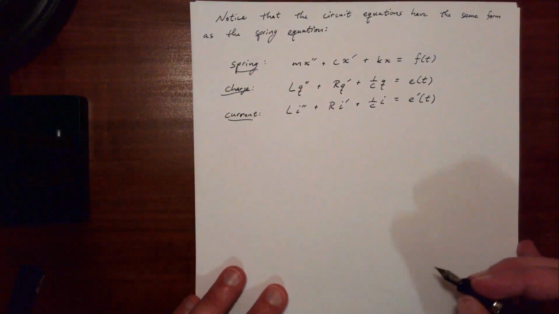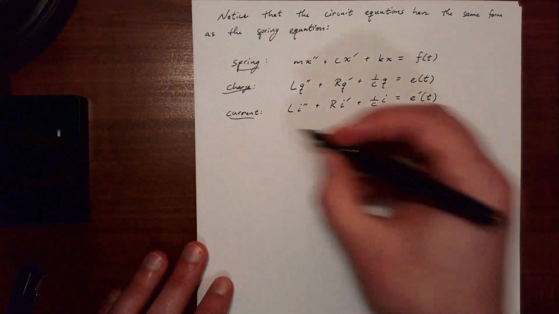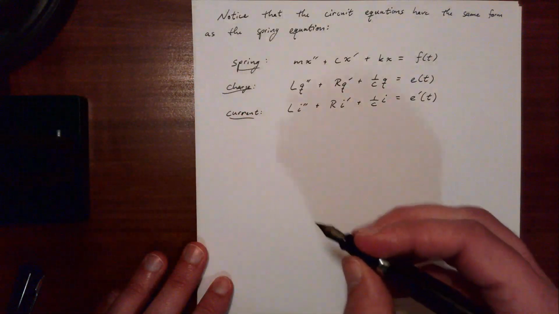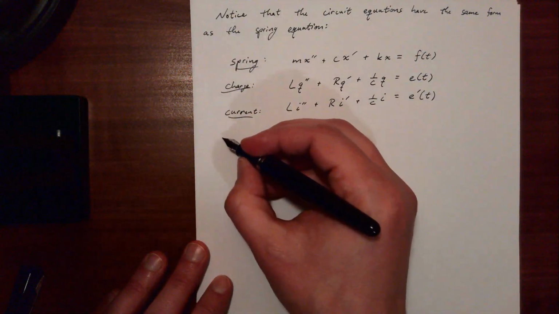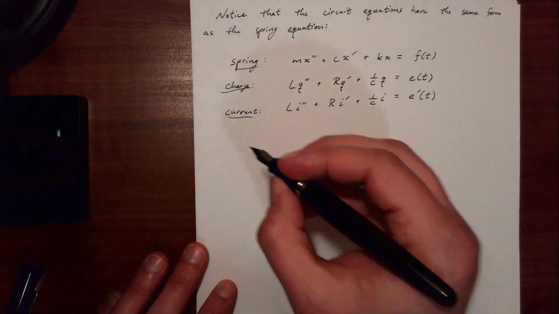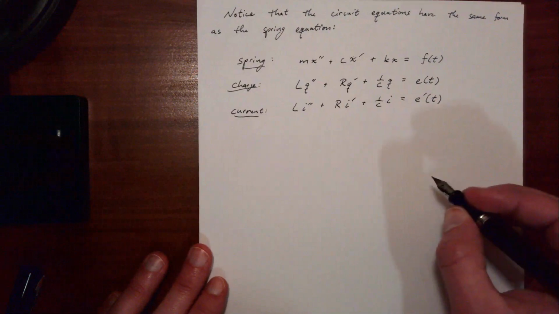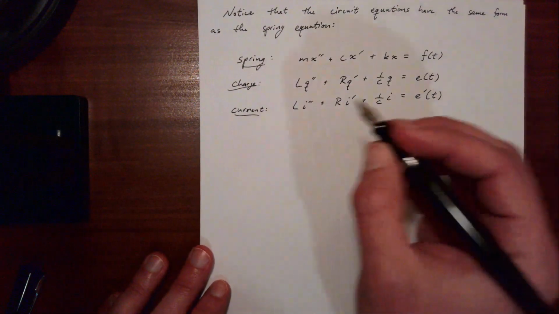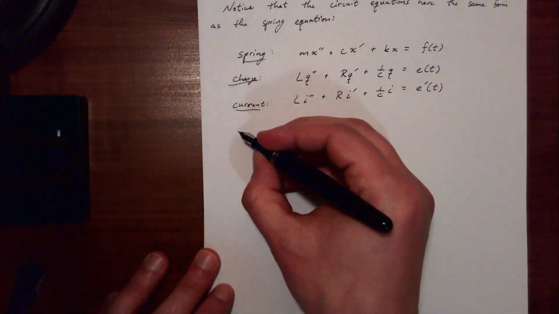And so the fact that these three equations have all the exact same format gives rise to what is called the electrical mechanical analogy, or also sometimes things like this are referred to by the name impedance analogy.